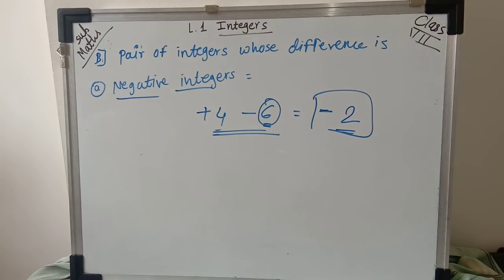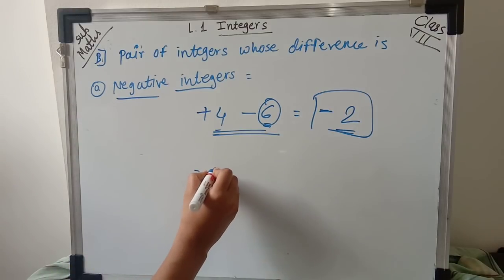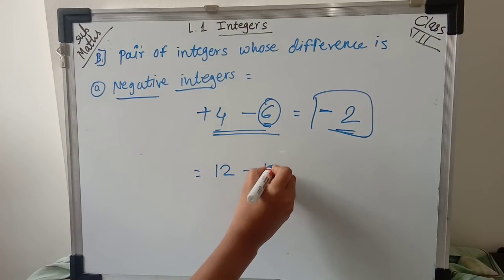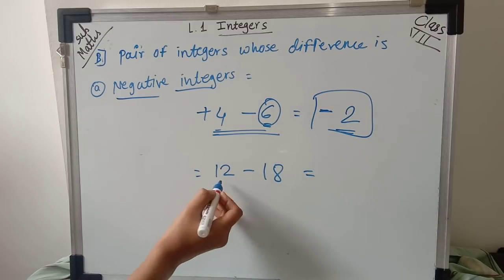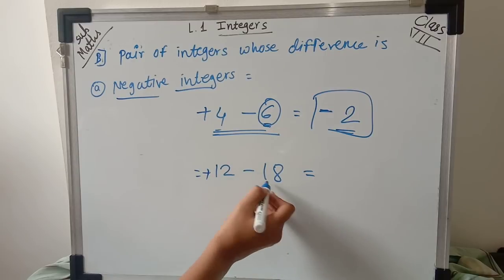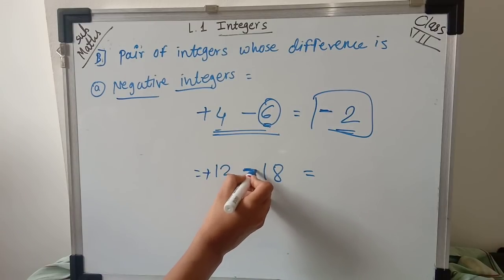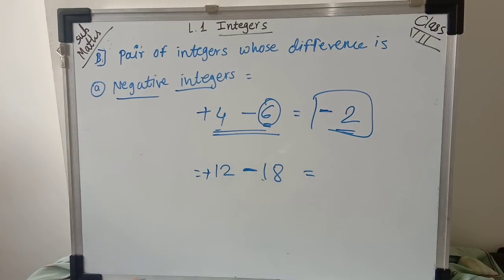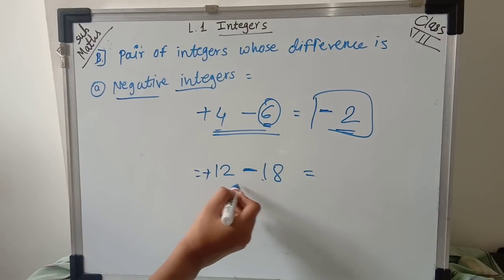Here I am saying if you are subtracting a positive and negative integer, always remember the whole number of the negative integer should be greater than the positive integer. So let's take another example over here. Again 12 minus 18. Before 12 there is no sign, it means this is a positive integer, and before 18 there is a negative sign, meaning this is a negative integer.